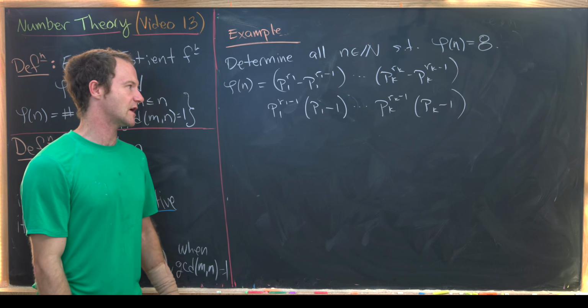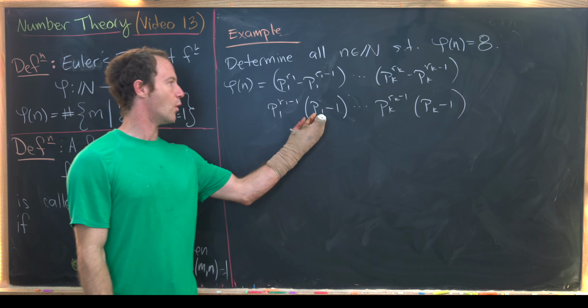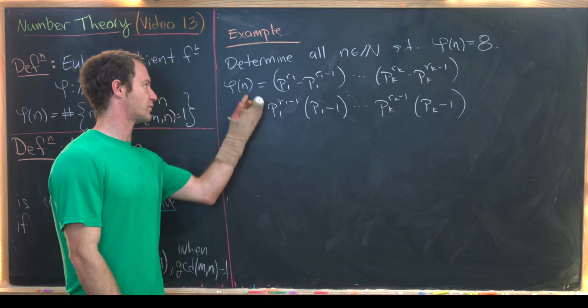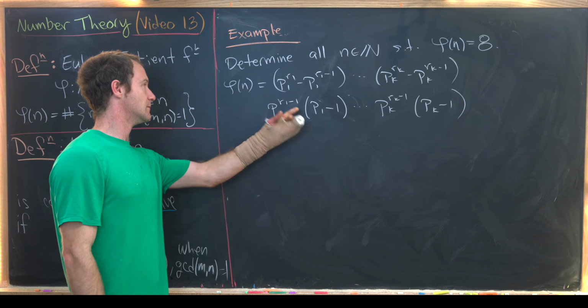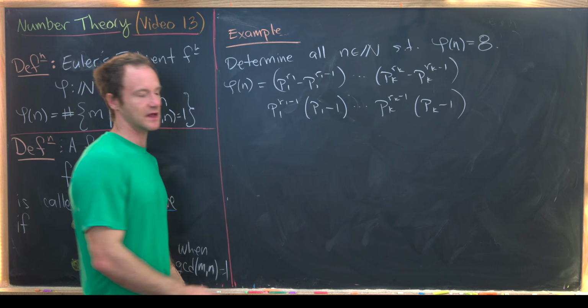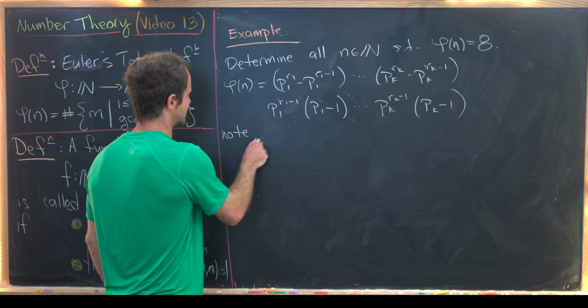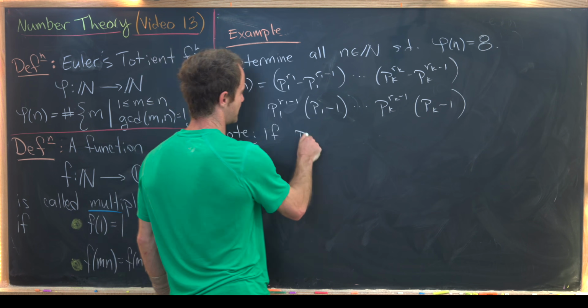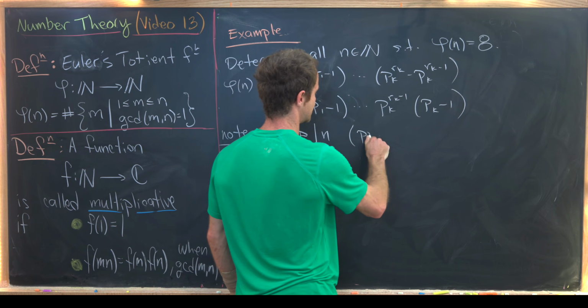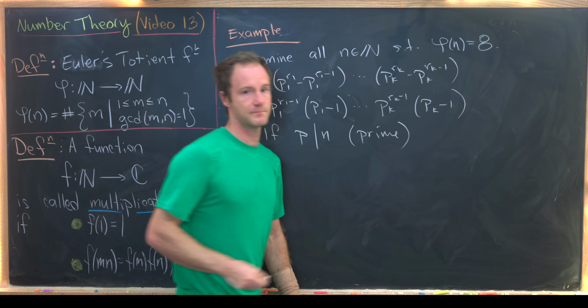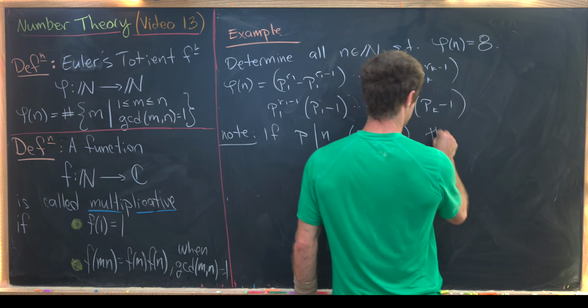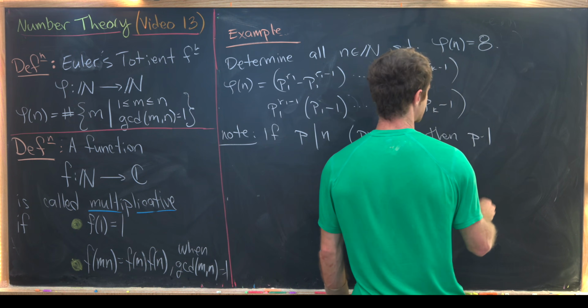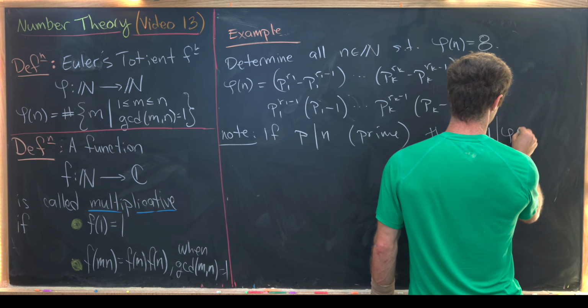So the important takeaway here is that 1 less than all of the primes dividing n must divide phi of n. So maybe we'll put that as a note. So if p divides n, and I should say p is a prime, then p minus 1 divides phi of n.